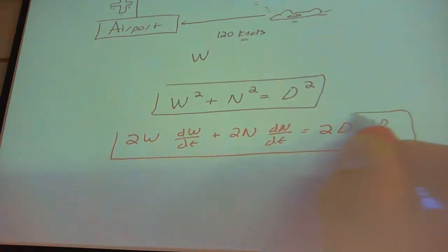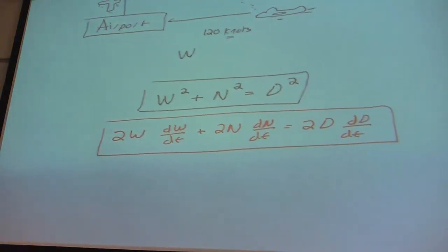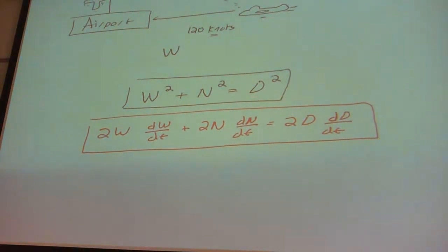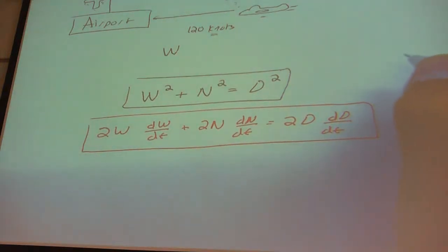Now there's a lot of letters, but now we can start filling some stuff in and figure out what we don't know. Now going back a little bit to what's given, they told us the distances.